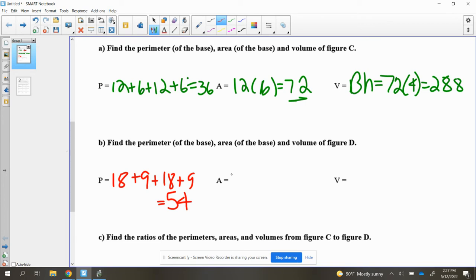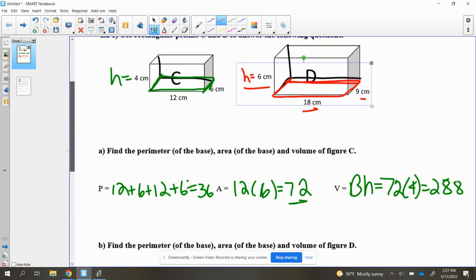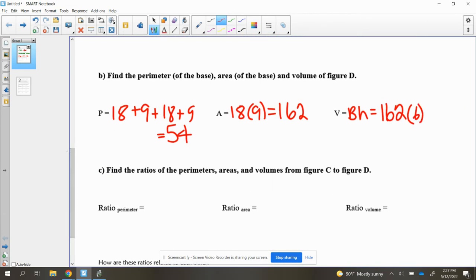Area of that rectangle is found by multiplying the two, 18 times 9, for a total of 162. And then volume, area of the base times the height. Area of the base is 162. Height of that prism, we said, was 6, for a total of 972 cubic centimeters.